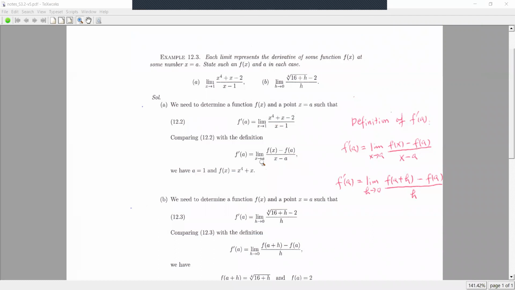Then A is 1 and the function f is x to the fourth plus x. And function value at a is 2. So the answer is a is 1 and the function f is this function.